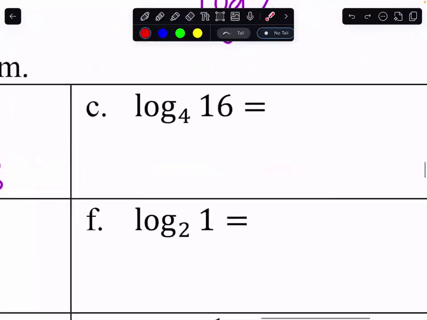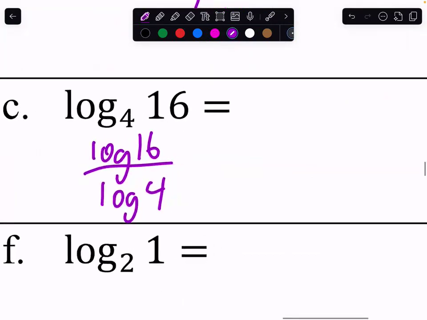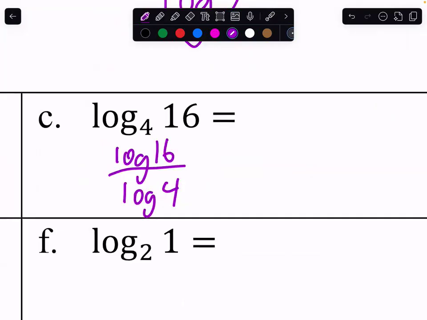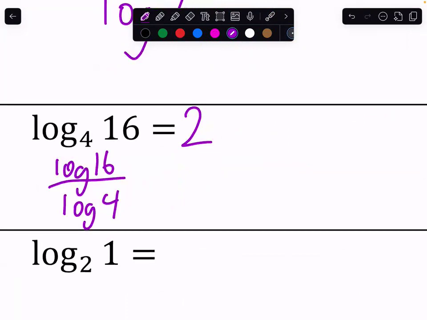So log base 4 of 16, again, using the change of base formula, you could rewrite that as log of 16 over log of 4. Okay, and if you use your calculator, you'll figure out that this is 2. Okay, and then you can rewrite this by taking the base of 4.